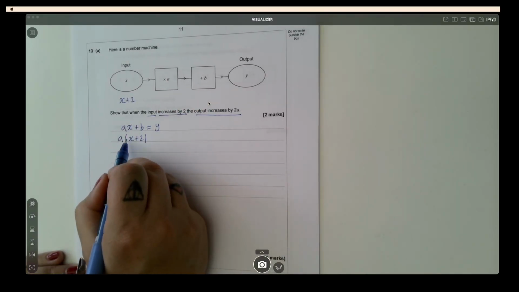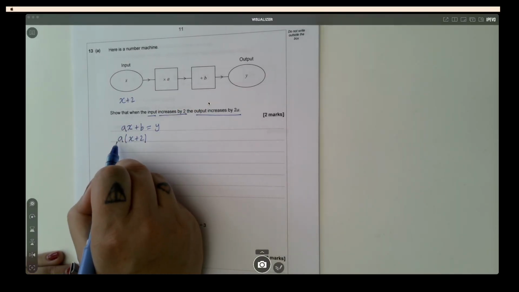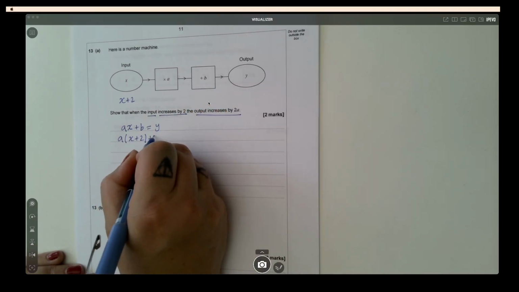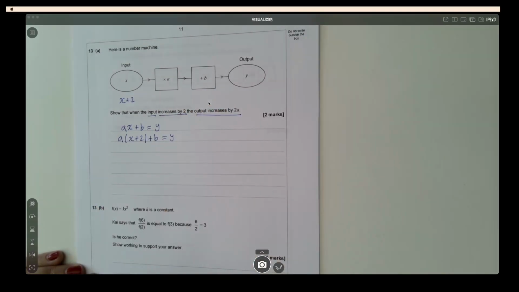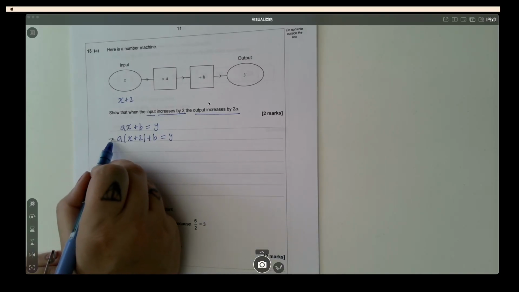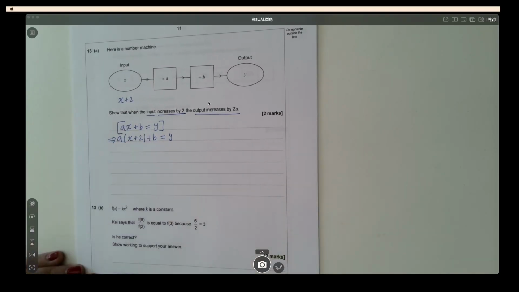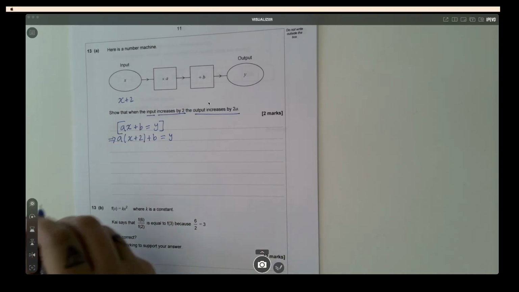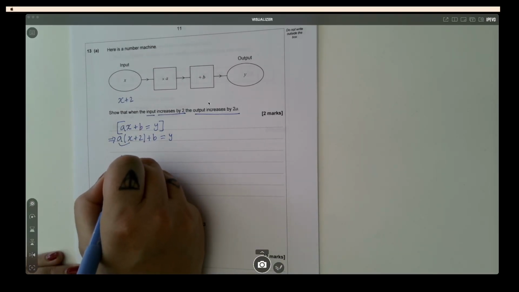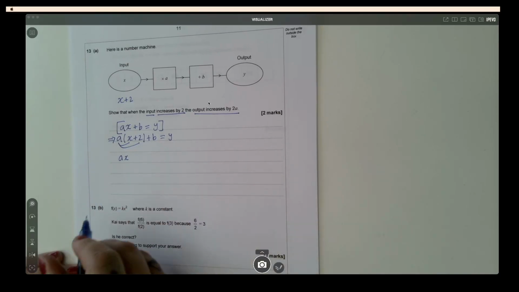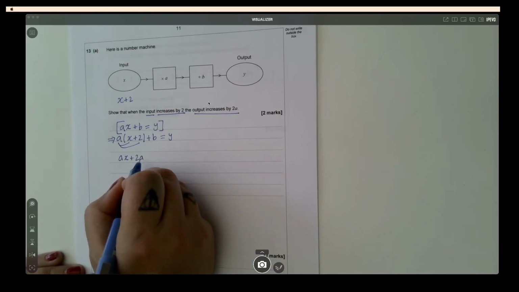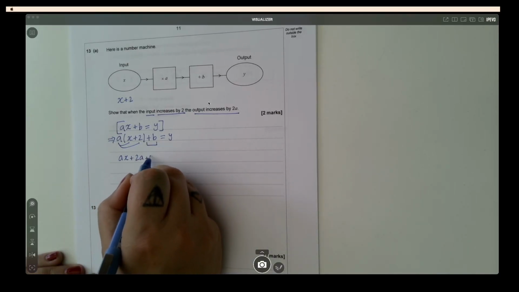These brackets are important because we've got 2 terms to multiply by a. Then we add b to get our output of y. So let's expand this one and then we can compare it to that first expression that came out of our number machine. So a times x is ax, a times positive 2, positive 2a, we have the plus b, and then it equals y.